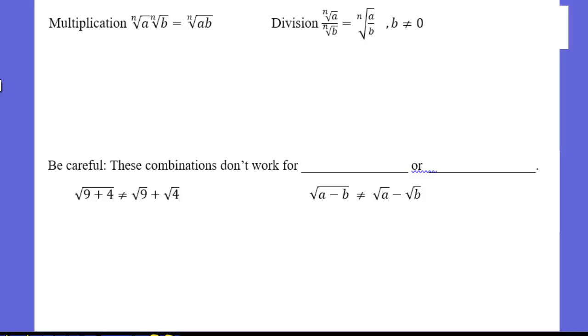The first rule is the multiplication, and I keep calling it a rule, it's a property. The multiplication property of radicals says that if I'm multiplying two radicals separately, I can put their radicands together and multiply them. Now, why is that important to note?